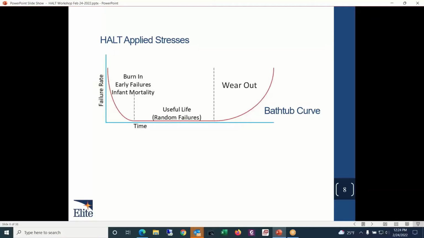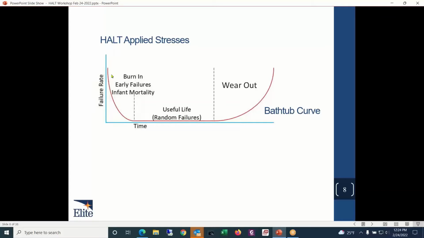So when we're doing HALT testing, when these stresses are applied, what are they most effective at finding? Whenever you have a discussion on reliability or product testing, you always talk about this particular illustration here. It's called a bathtub curve. What this shows is failure rate on this axis and time along this axis. Early in the product development cycle, there are probably going to be more of these latent design defects in the product.